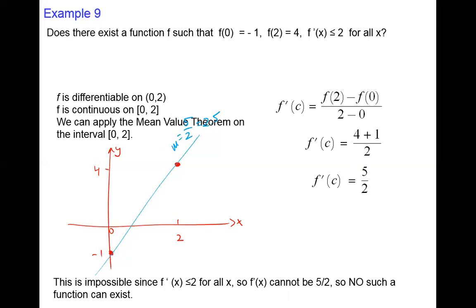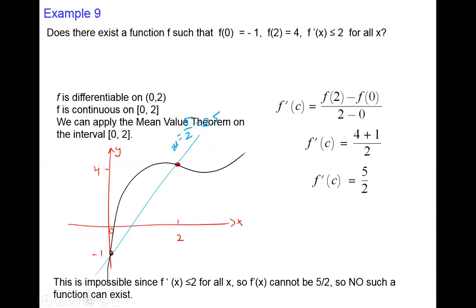That means this is definitely not the case, because if I connect these 2 points, I can have a slope smaller than 2, but at least I will have one slope like the blue one, right?